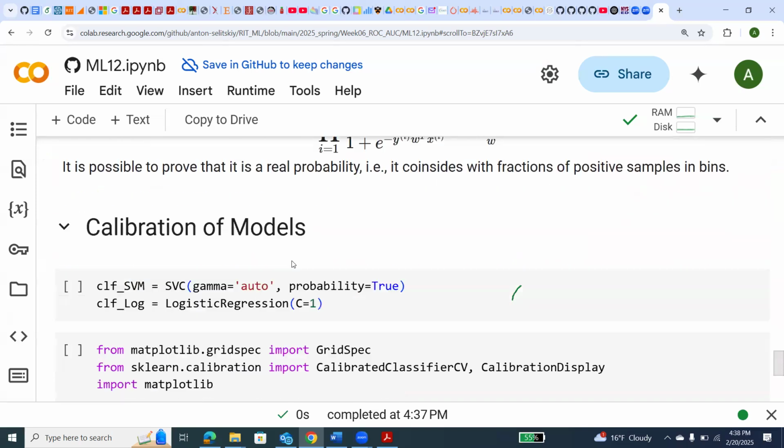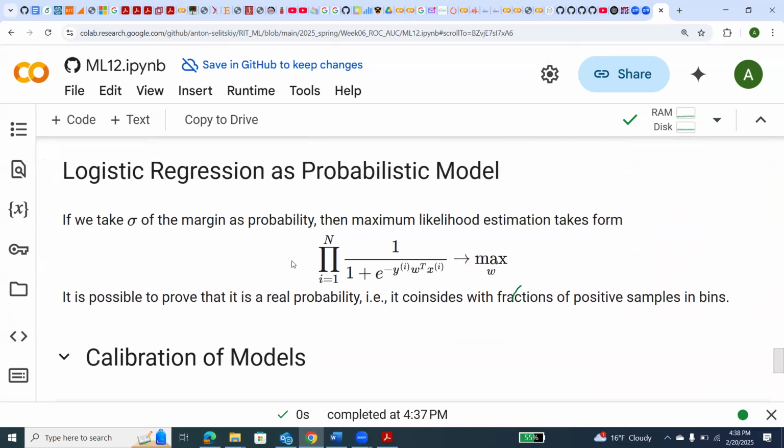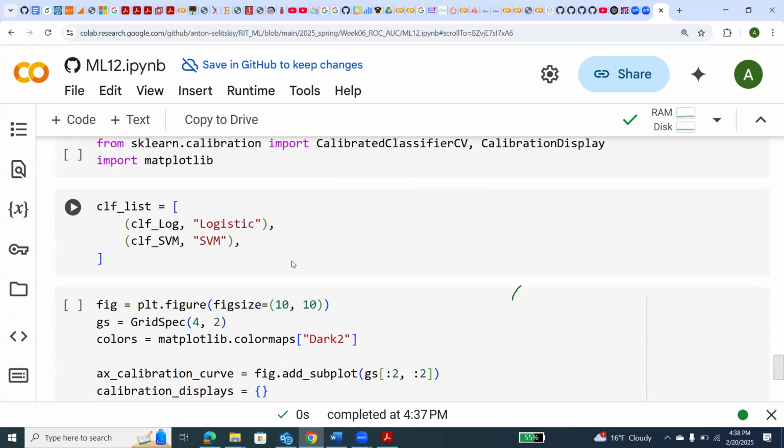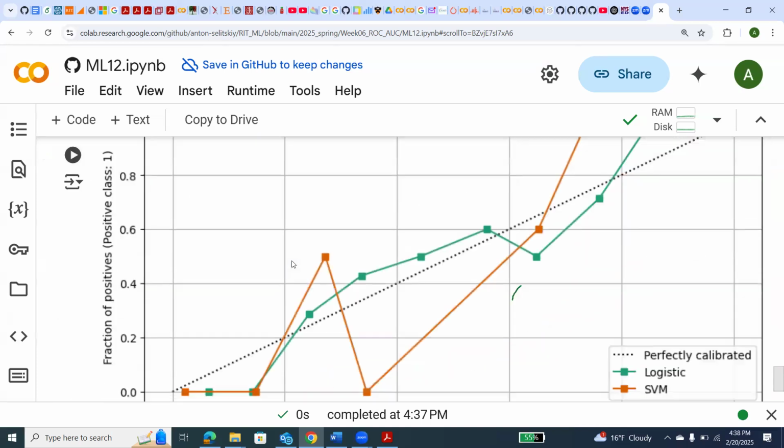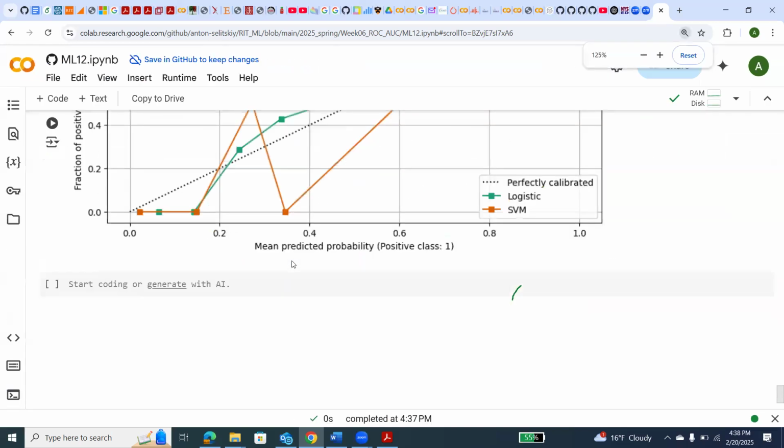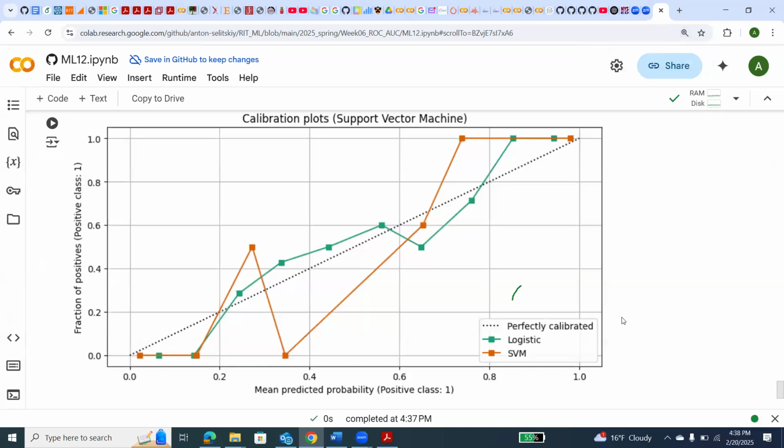Finally, I want to talk about model calibration. All the models have the method predict_proba.